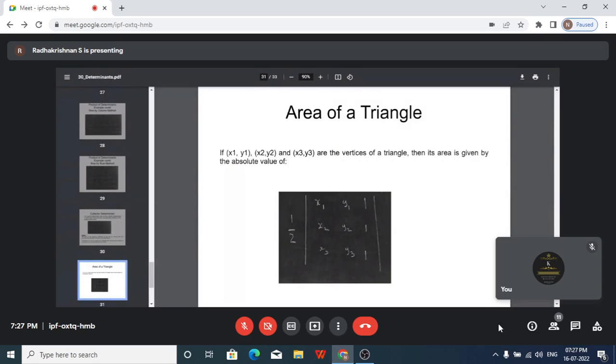Then its area is given by this determinant: half into, first column x1, x2, x3. Second column y1, y2, y3. Third column is 1, 1, 1. You put it like this and determine the value of the determinant. That will give the area of the triangle.